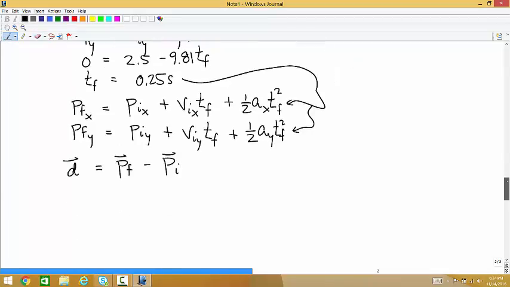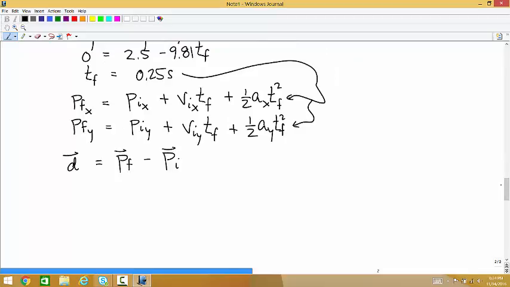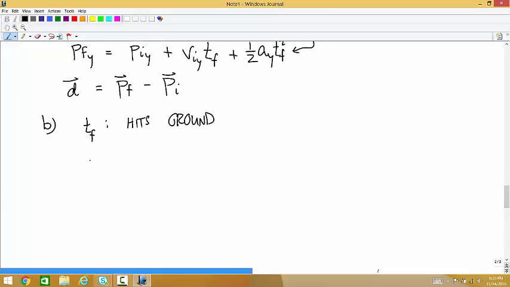And then part B, it asks how far it travels horizontally before it hits the ground. So we need a new time final. So time final now is when it hits the ground. We want to find time final.